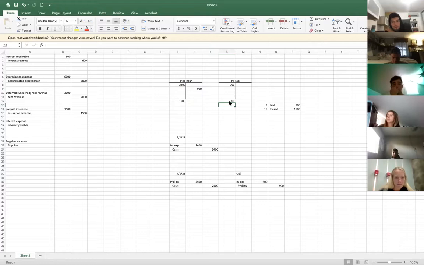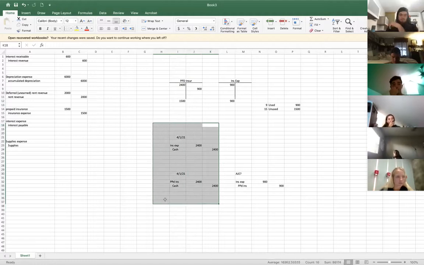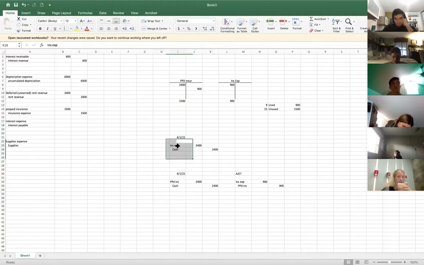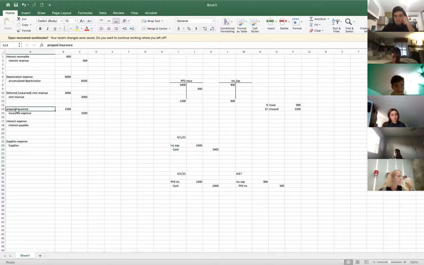The 900. So you see how I ended up in the same place. I just have to know, how did they handle the initial journal entry? Did they debit insurance expense or did they debit prepaid insurance? If they debited insurance expense, then my adjusting journal entry is debit prepaid insurance 1,500, credit insurance expense 1,500. And I would end up with the same adjusted balances.